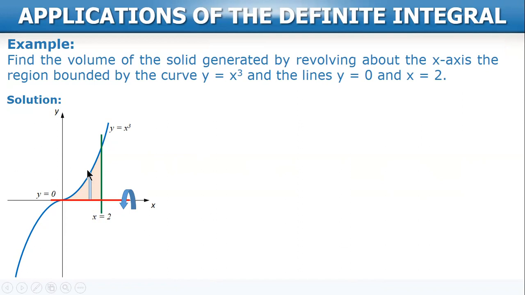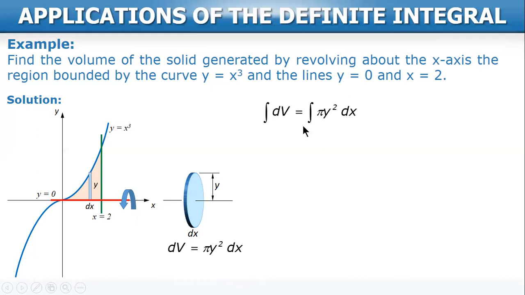So we only have y up or simply y, and then thickness of dx. So let's revolve the rectangular strip and we get this one. Our radius is y and our thickness is dx. And our differential volume is pi y squared dx. Area of circle times thickness.